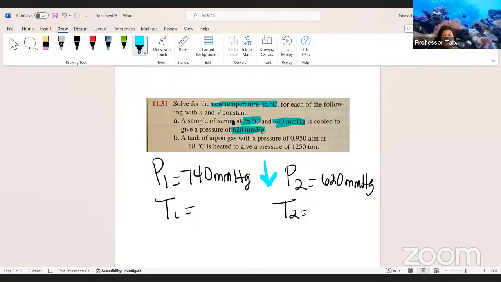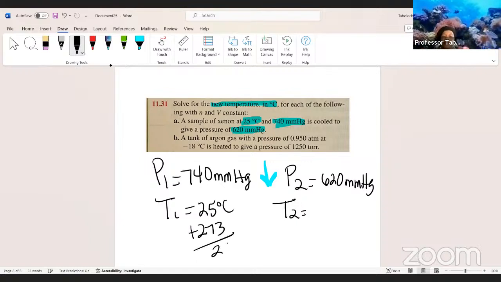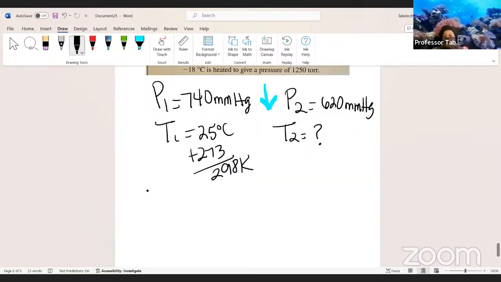They did give us T1, which was 25 degrees Celsius, but you're going to add 273 to that to give you 298 Kelvin. And your T2 here, that's what we're looking for. So now we've got to reverse our formula to solve for T2. Again, P1 times T2 equals P2 times T1.